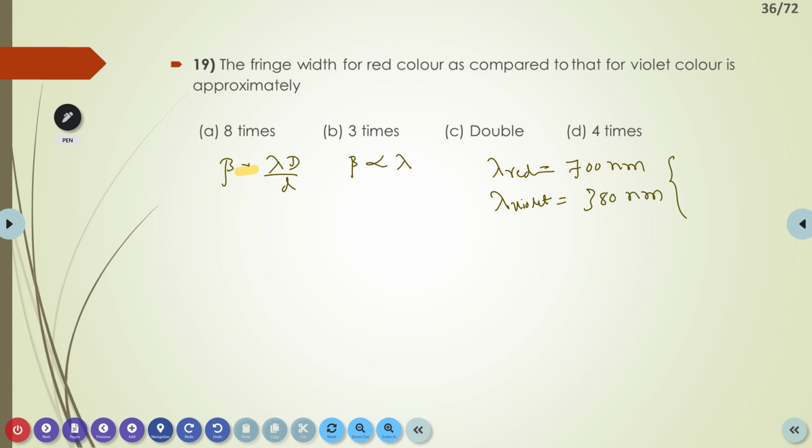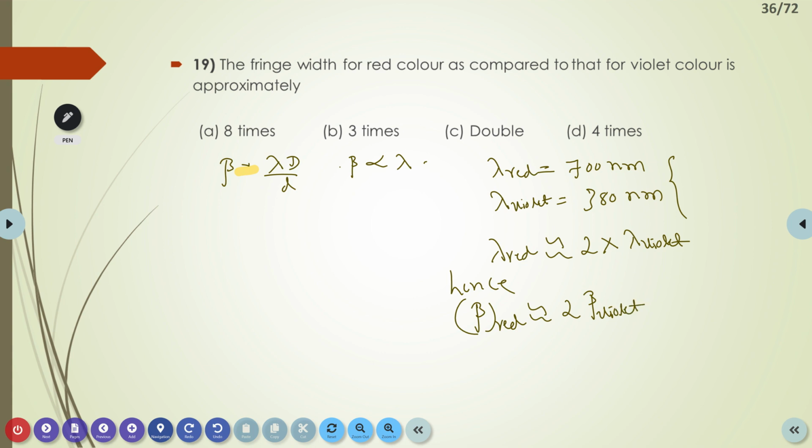So it is almost double. If lambda is more, then beta is more. Lambda of red is nearly equal to 2 times lambda of violet, and hence beta of red is nearly equal to 2 times beta of violet. This is double, so this is the right choice.